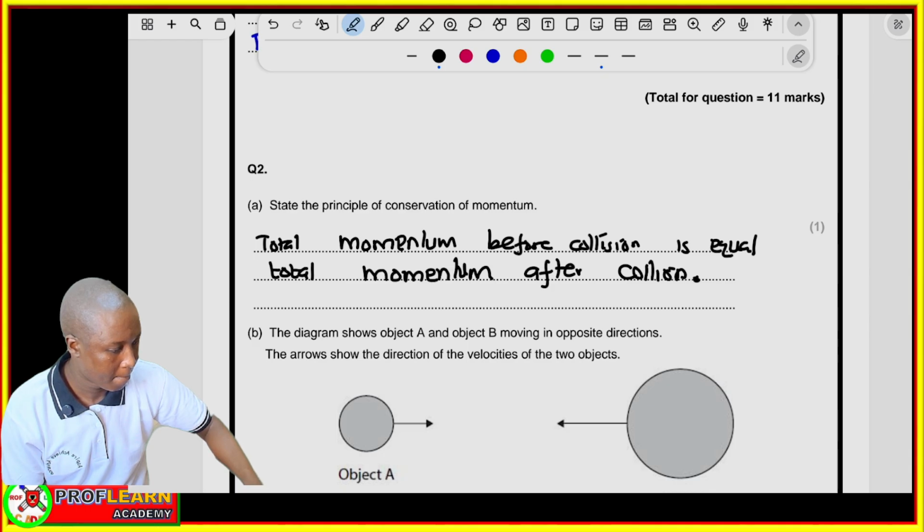Usually the change in momentum is given by the formula: change in momentum equals final momentum minus initial momentum. So the change in momentum is equal to final, which is minus 0.1083, minus 0.1425.